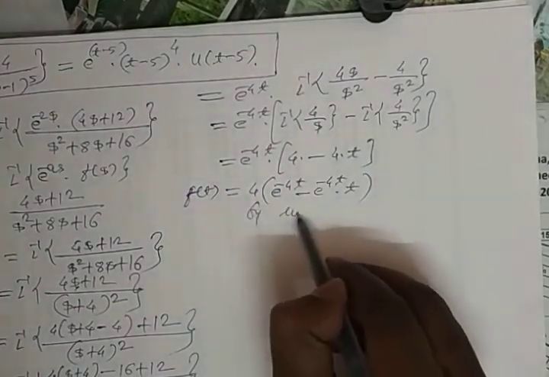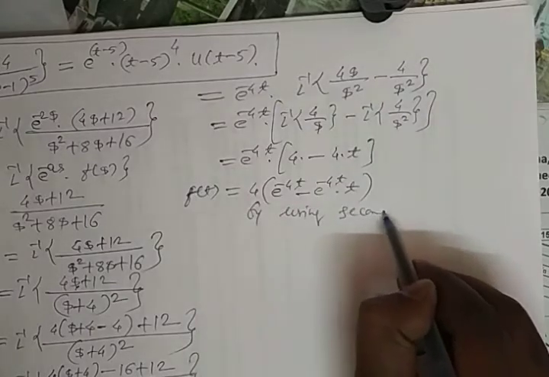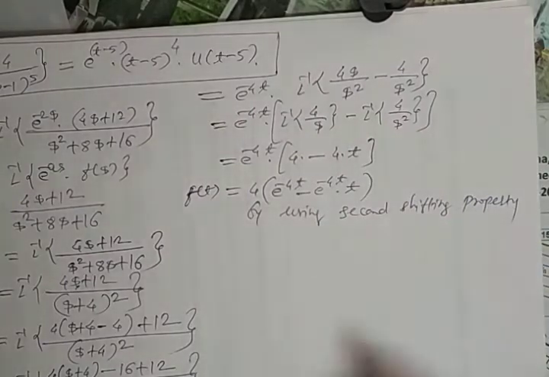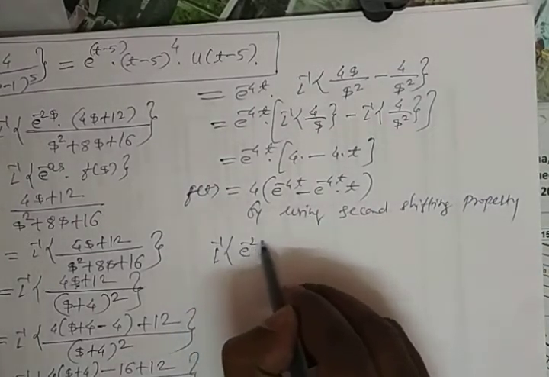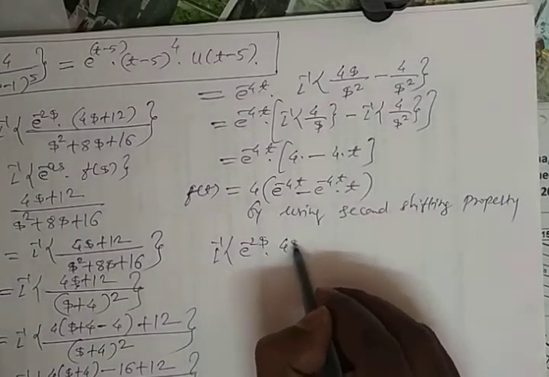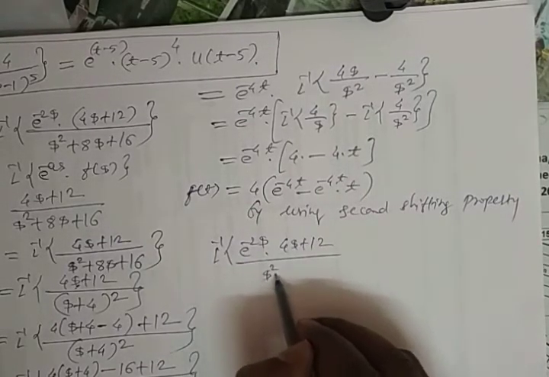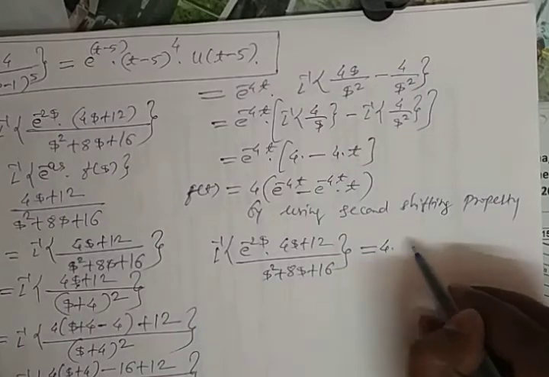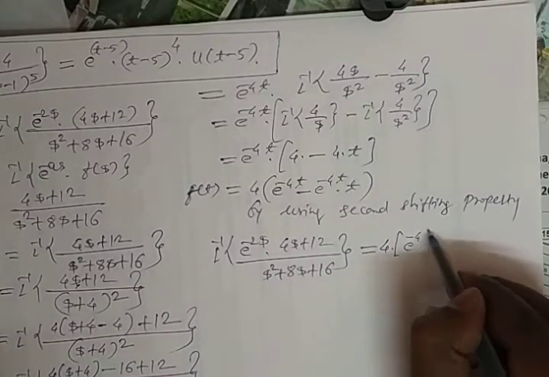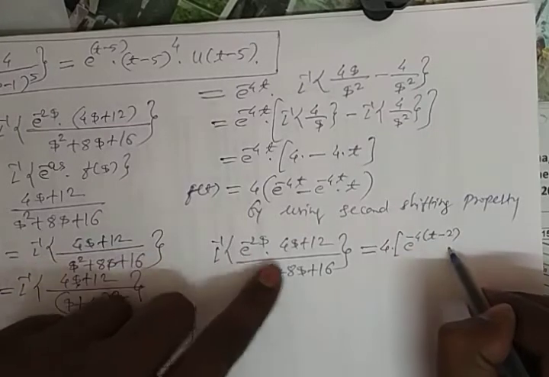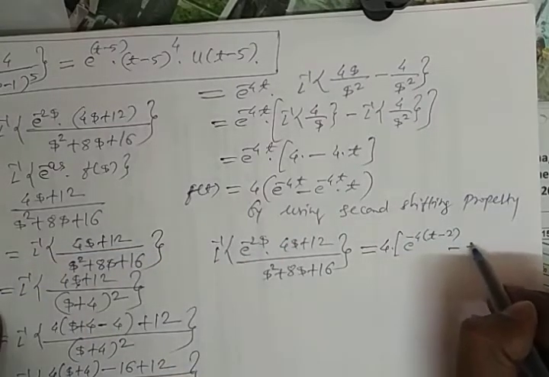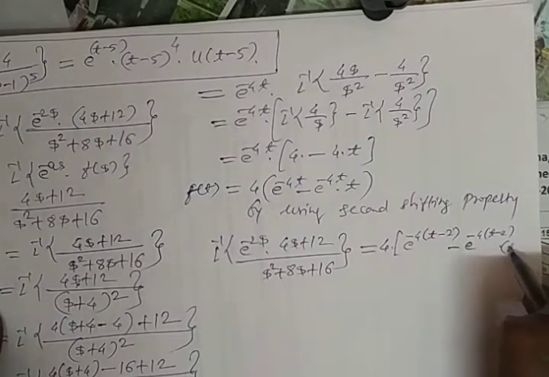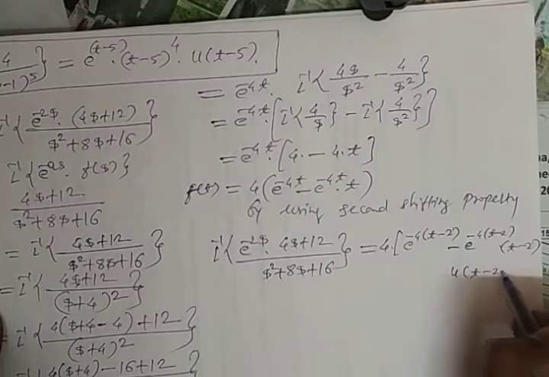Now by using second shifting property, Laplace inverse of e raised to minus 2s into (4s plus 12) upon (s square plus 8s plus 16), bracket close, that can be written as 4 into bracket e raised to minus 4 into (t minus 2), minus e raised to minus 4 in bracket (t minus 2) into (t minus 2) into u of (t minus 2), bracket close.